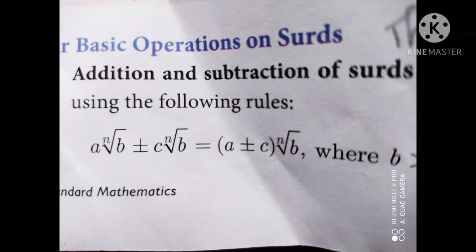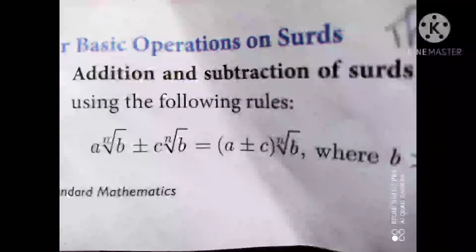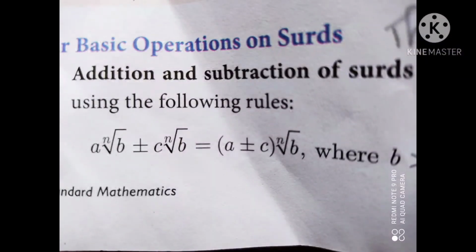Next heading is 4 basic operations on surds. First type is addition and subtraction of surds.